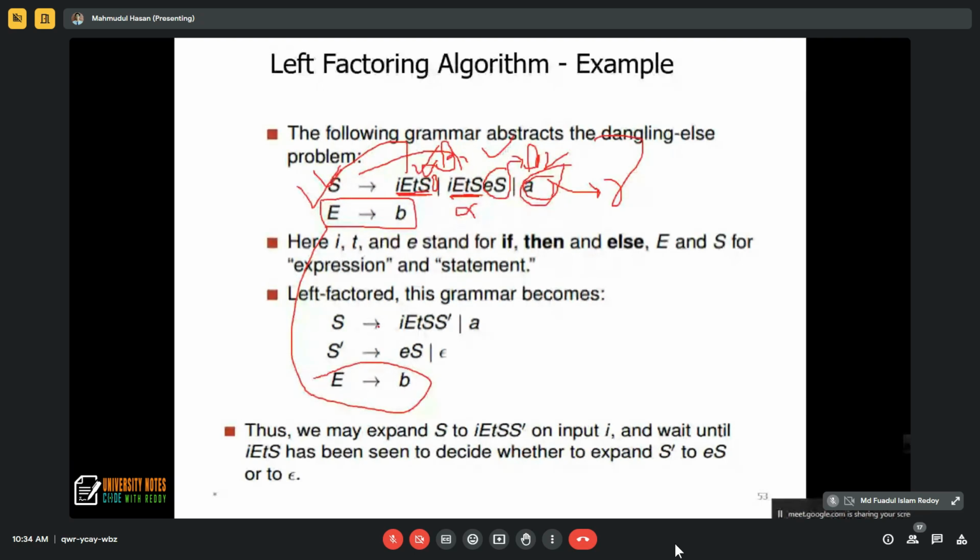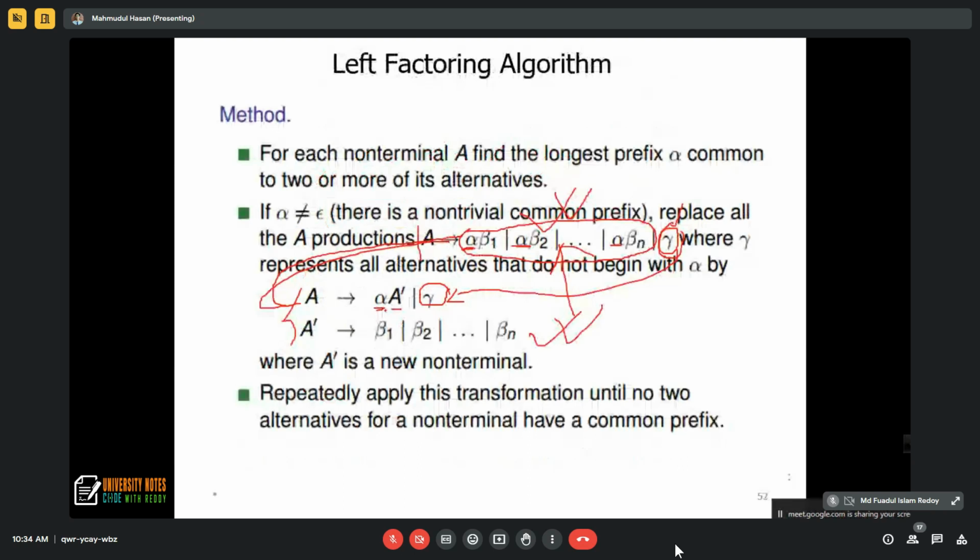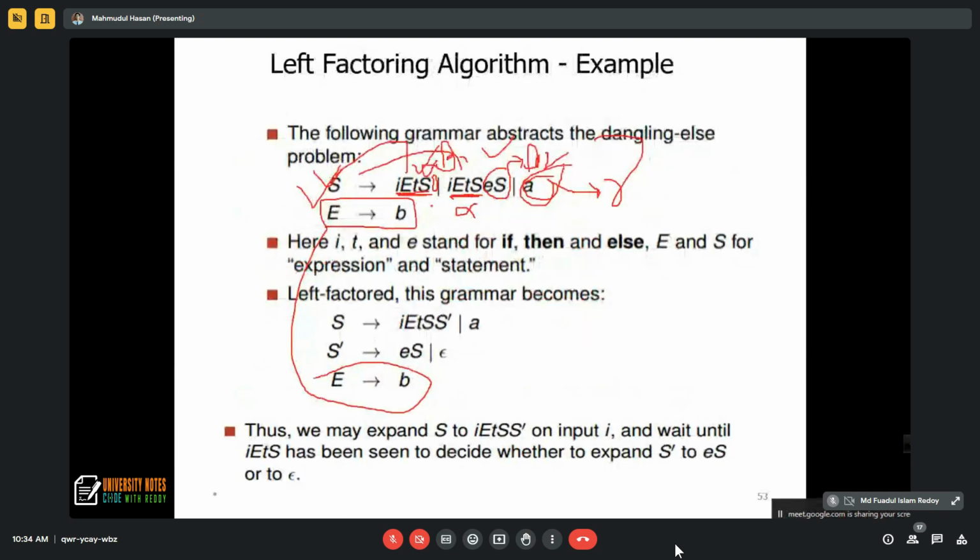So S to first alpha A dash, and alpha is IETS. Alpha is IETS, is it? Yes, sir.